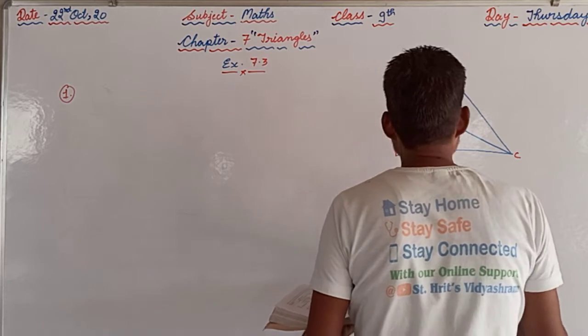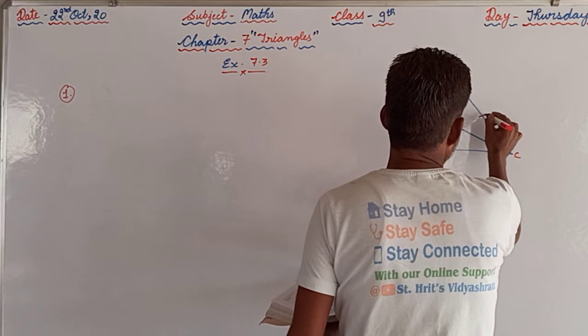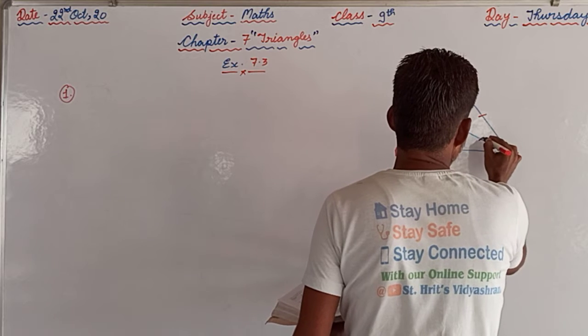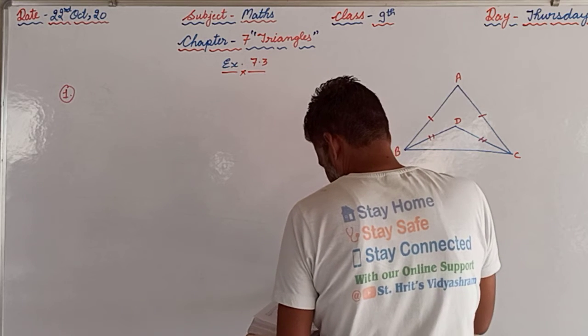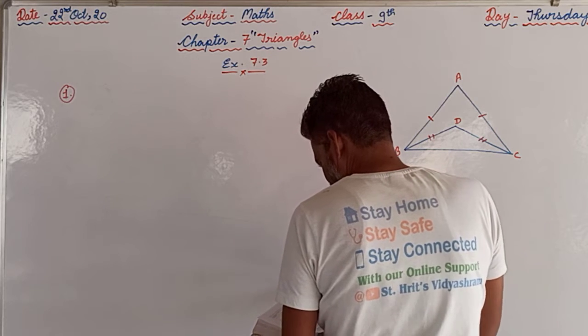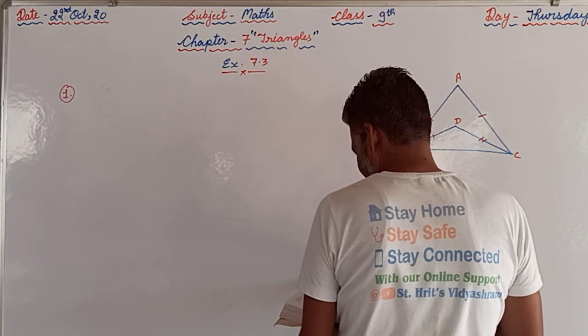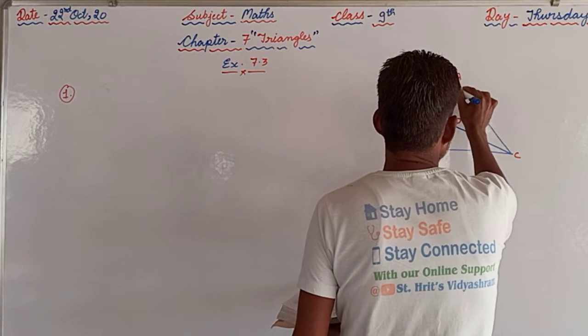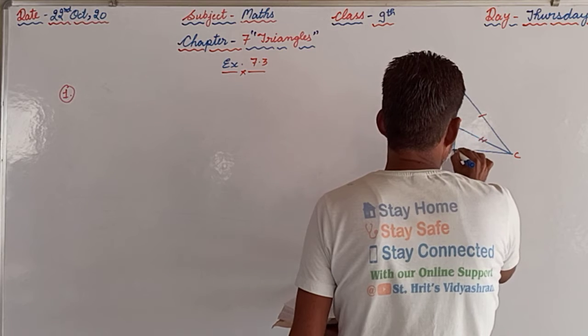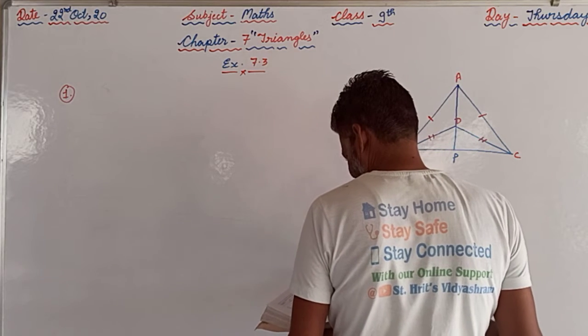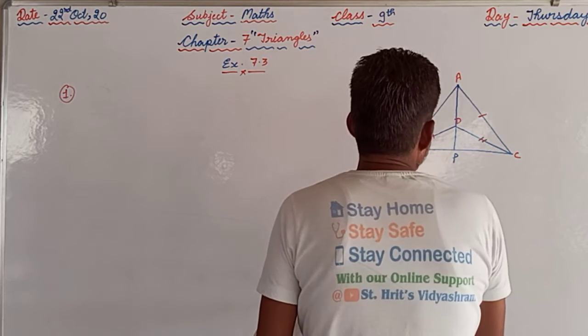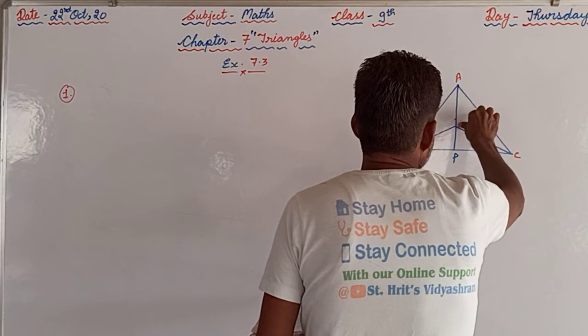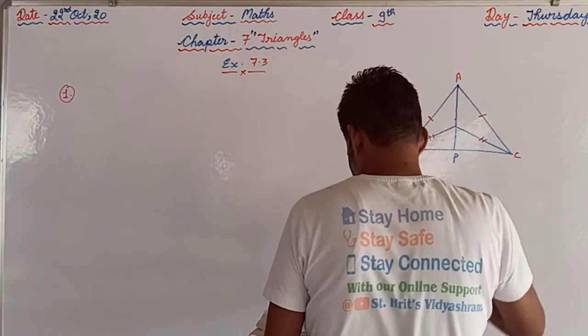They are two isosceles triangles, meaning this side is equal to this side and this side is equal to this side. Then A and D are on the same side. If AD is extended to intersect BC at P, this is the point D, we can denote that.